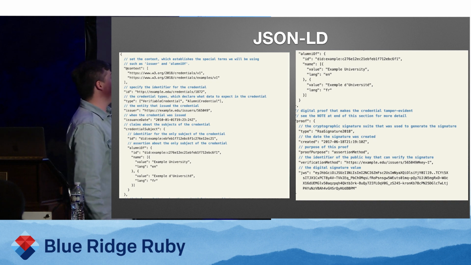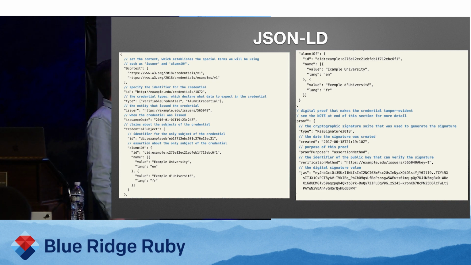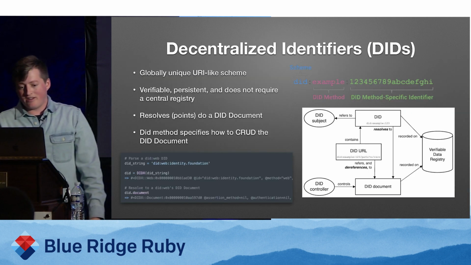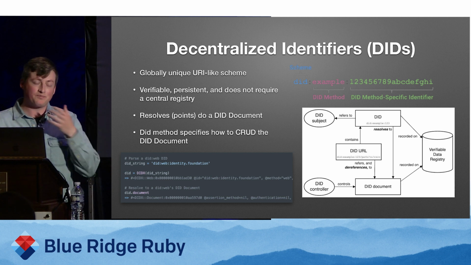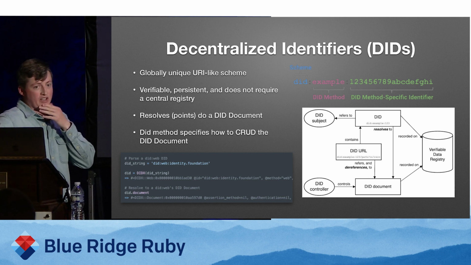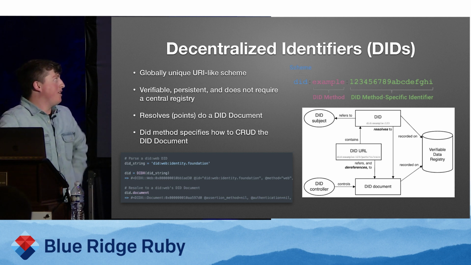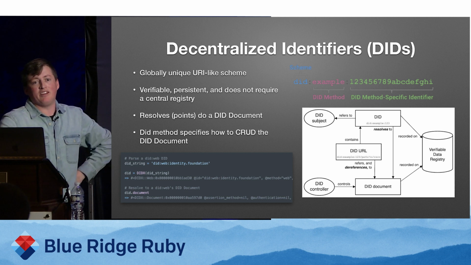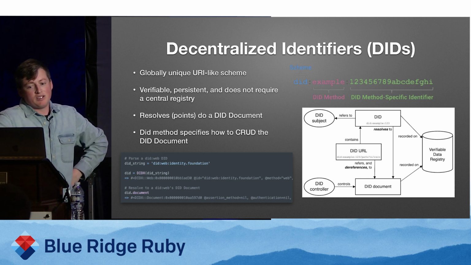Something I'm going to point out here is this right here: did:example:some stuff. This is called a decentralized identifier, and it's also a standard being developed under W3C. It sort of looks like a URI, like a URL you'd put into your browser.